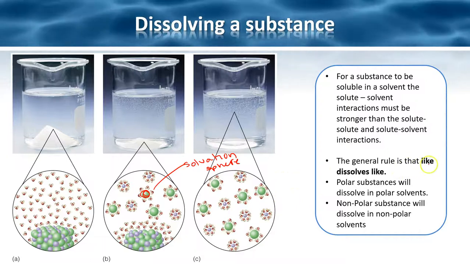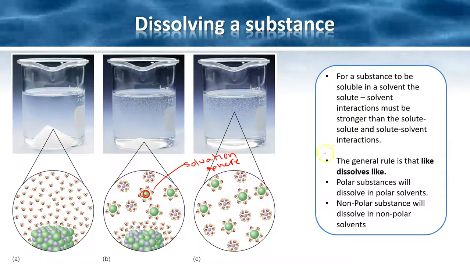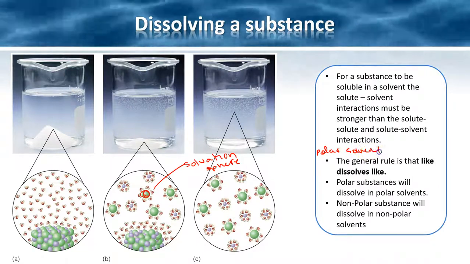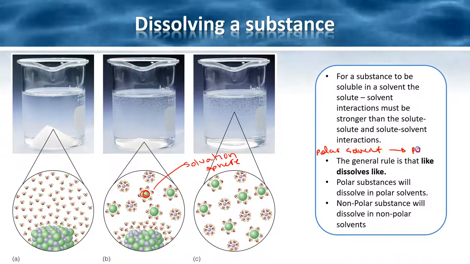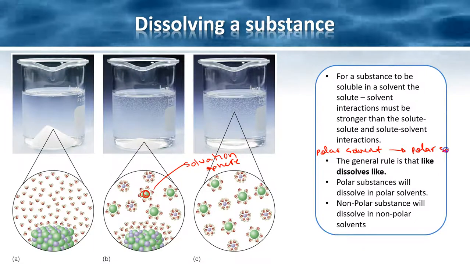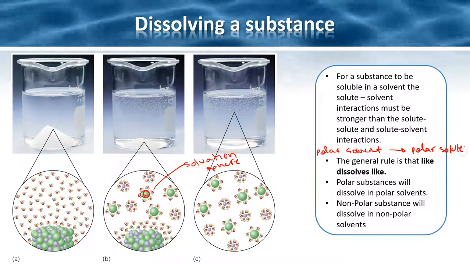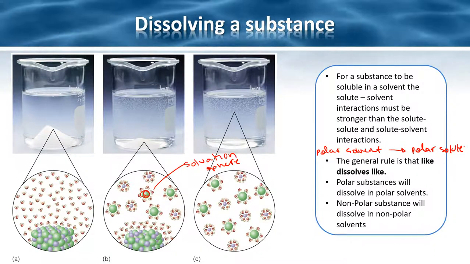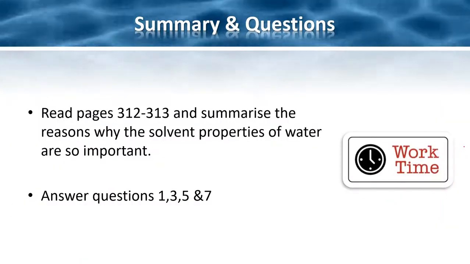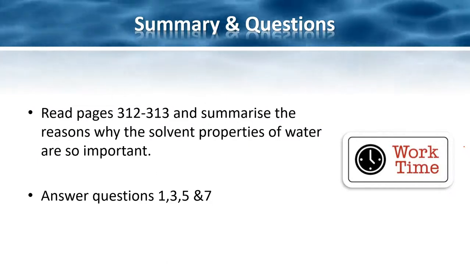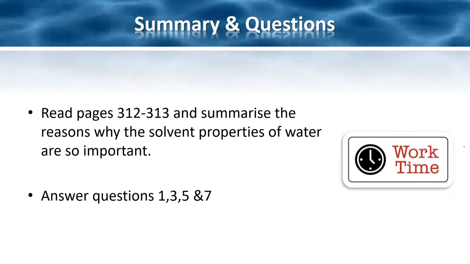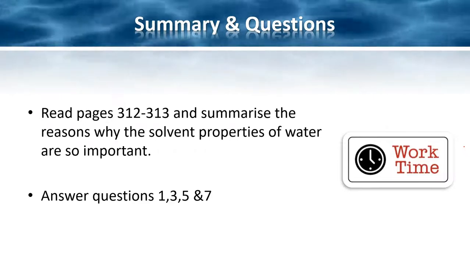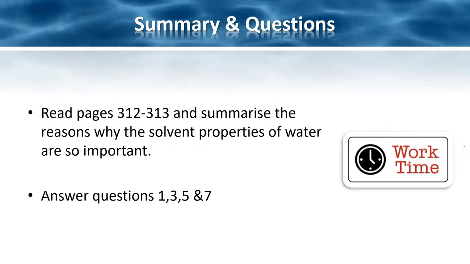The general rule is that like dissolves like, so a polar solvent will be able to dissolve polar solutes, and a non-polar solvent will be able to dissolve non-polar substances. So this is on solubility, and identifying why the solvent properties of water are so important.